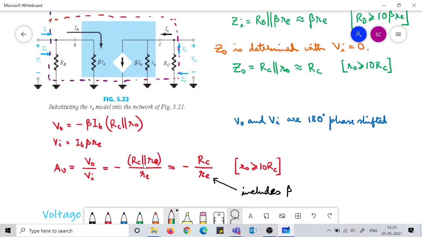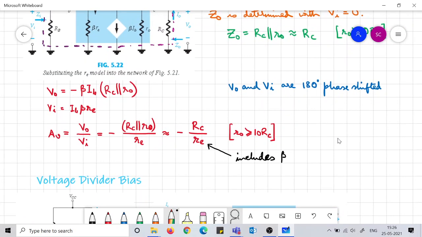But this RC was actually RC parallel R0, which is the Z0. Just keep this in mind. When R0 is not there, then RC itself is the Z0. If R0 is not at all present, that means Z0 is RC only.